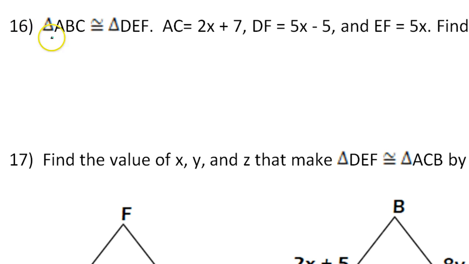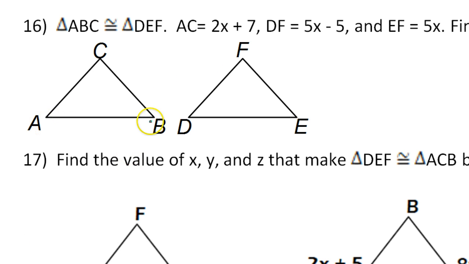Okay, number 16 describes triangle ABC congruent to triangle DEF. It might be helpful to draw a picture. So triangle ABC is congruent to triangle DEF. So that means these sides are congruent, and these, and these.